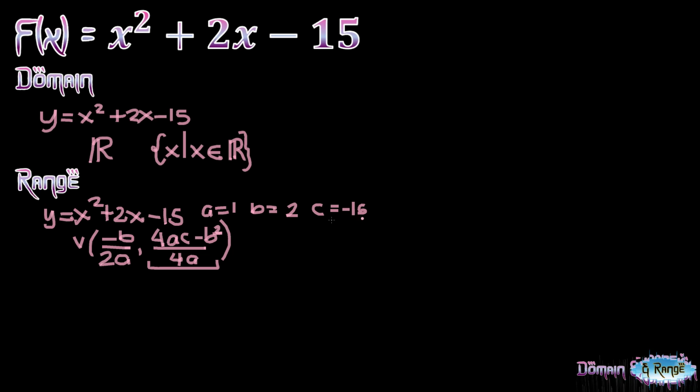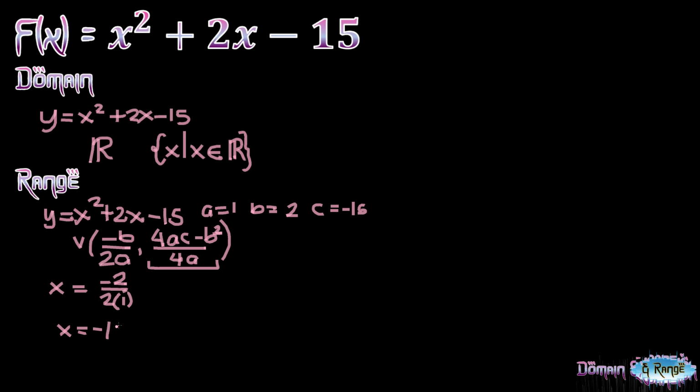You can substitute that here to get the value of y, but let me just illustrate by solving first the value of x, so that if you ever forget this formula and remember only the x, you can still get the value of your vertex. Now, b is 2, so you have negative of 2 over 2 times a, which is 1. This will give us a result of negative 2 over 2, or in short, our x is negative 1.